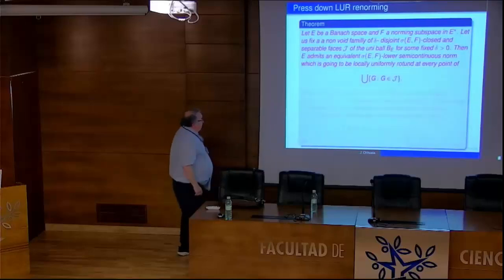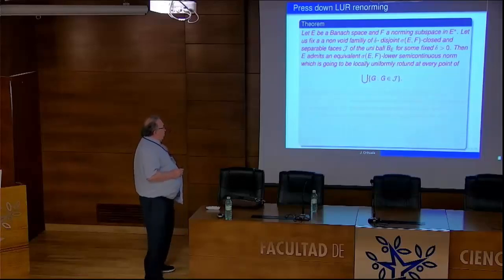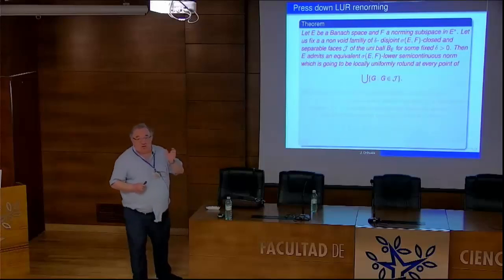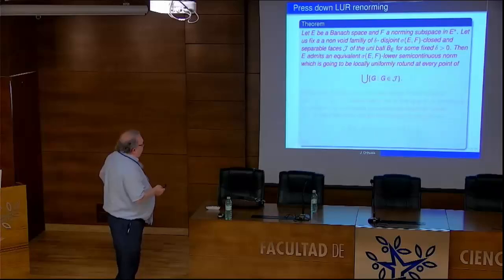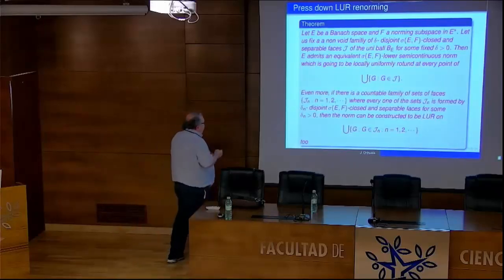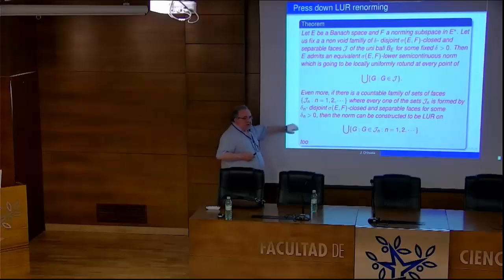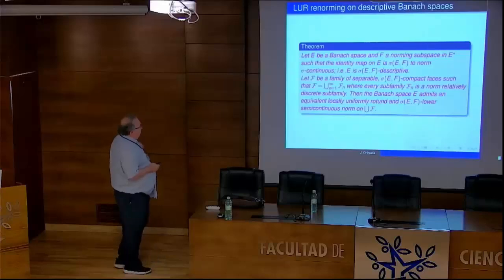The theorem: Banach space and norm inside a space. If I have a family of closed separable faces such that they are delta disjoint for some delta, then I have LUR renormability on this. And even if I have countably many families. So this is a very, very strong result.